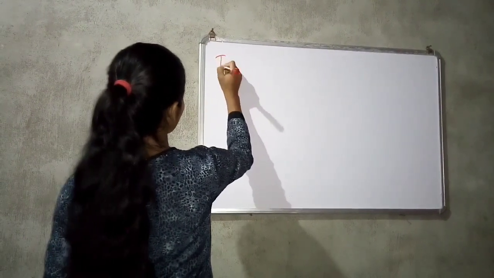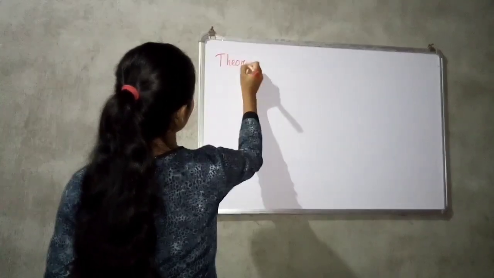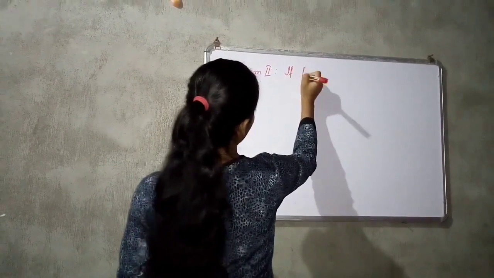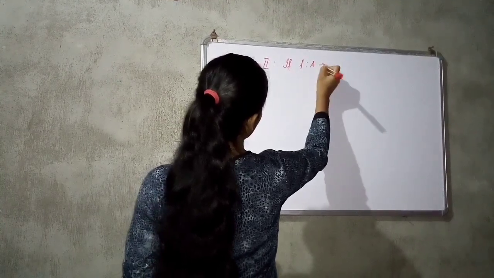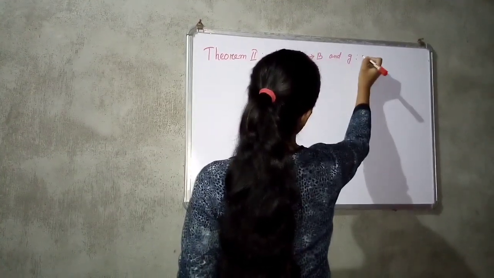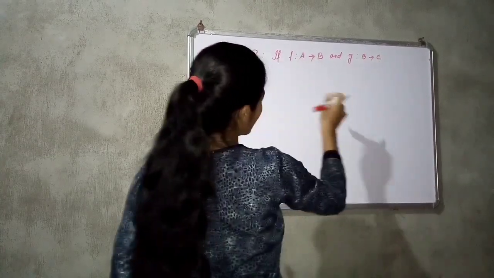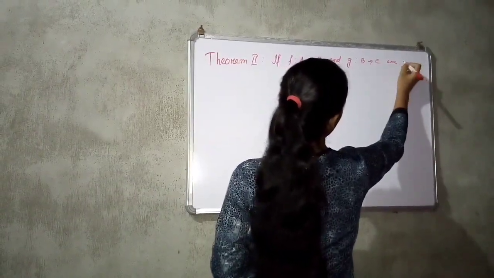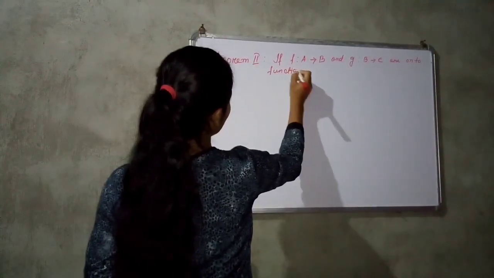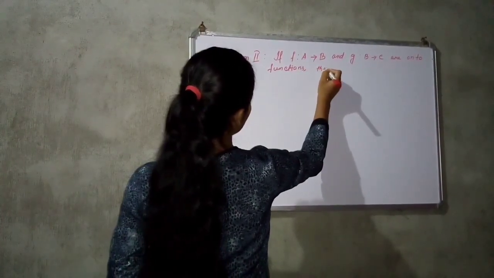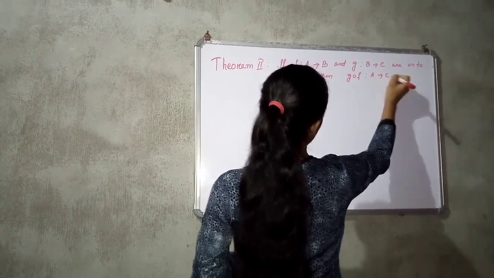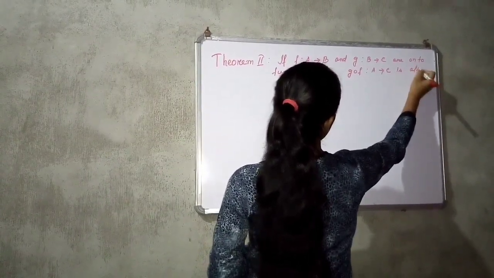Theorem 2. If f is a function from A to B and g is a function from B to C, and both are onto functions, then the composite function g naught f from A to C is also onto.